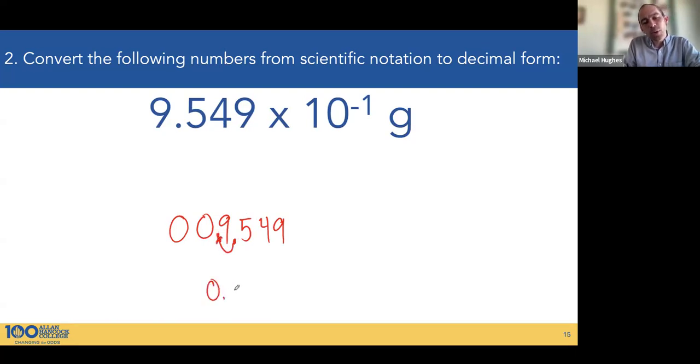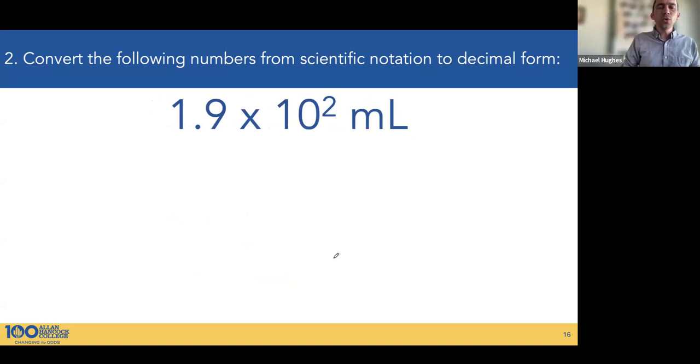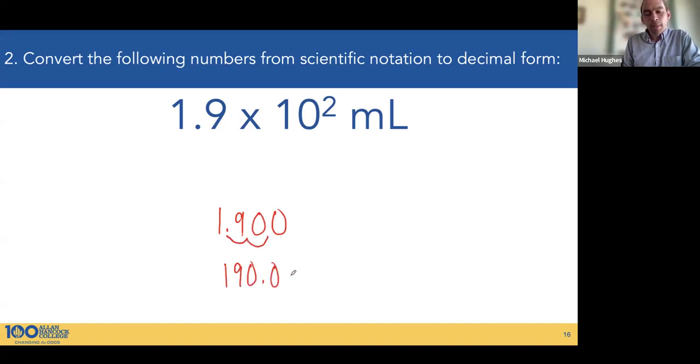So we'll have 0.9549 grams. Said almost 1. Okay, 1.9 times 10 to the 2 mils. So we're going to be moving in the positive direction 2 times. So we'll go 1, 2. That's 190 mils of whatever.